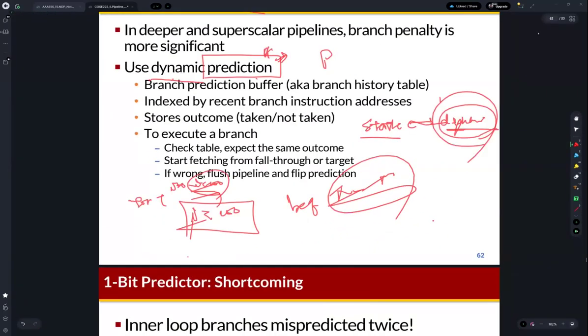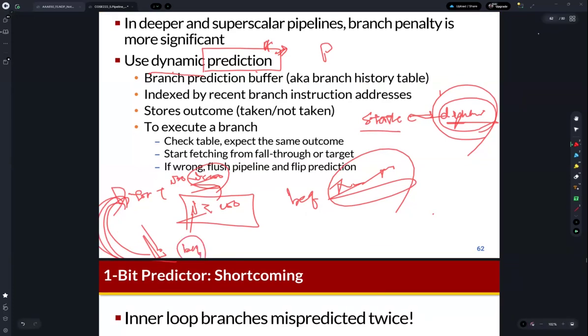Then this loop will be repeated 100 times, right? Again and again. Which means the branch is taken 100 times. So what does it mean? If we detect that this is the same branch instruction, like a BEQ, and the BEQ is taken, then in the next iteration we can assume that this BEQ will be taken again, right?